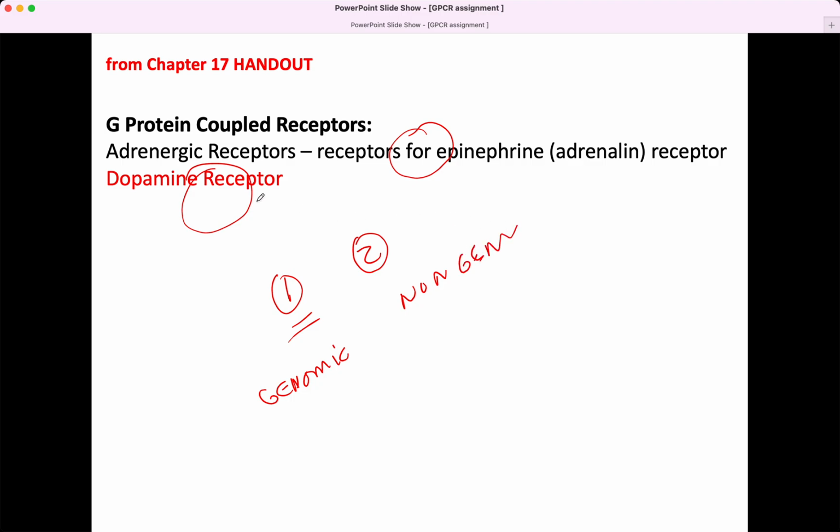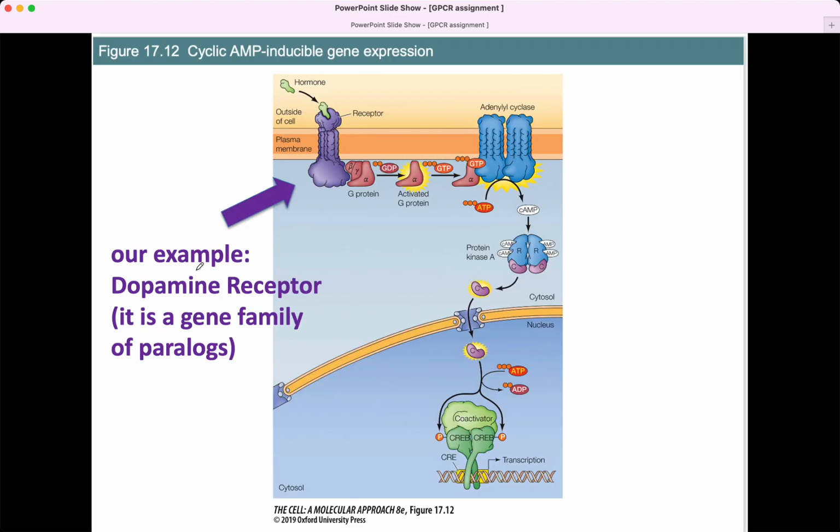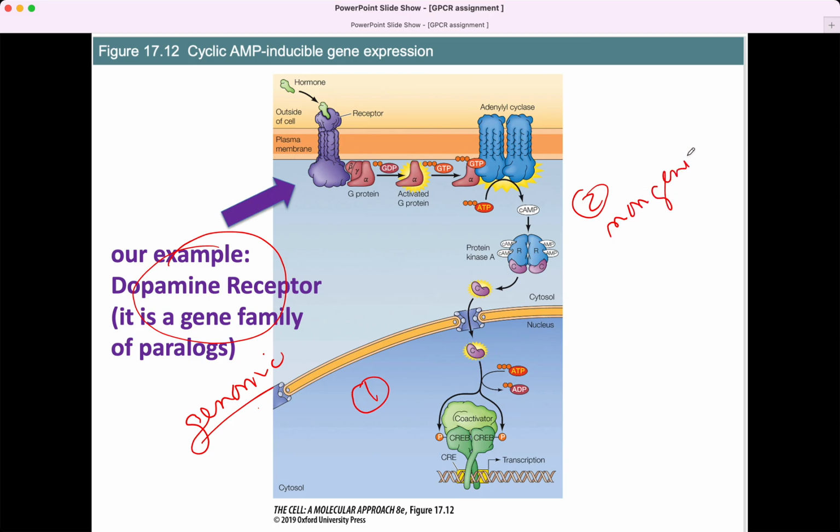Okay, so we're going to see some receptors, and the dopamine receptor is a gene family, so they're given special numbers and letter designations, and we're just going to remember it as the dopamine receptor. And here's the first part of your drawing. We have to make a hybrid drawing where we add something to it, because it's going to be both a genomic response, plus it's going to include a non-genomic response.